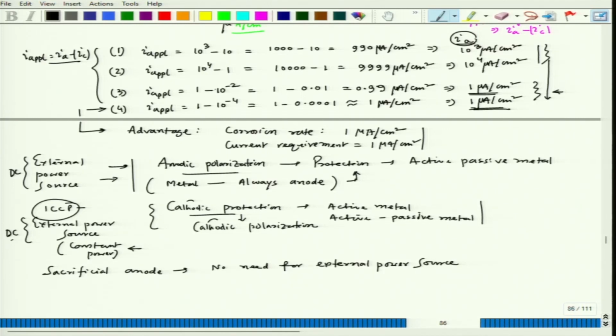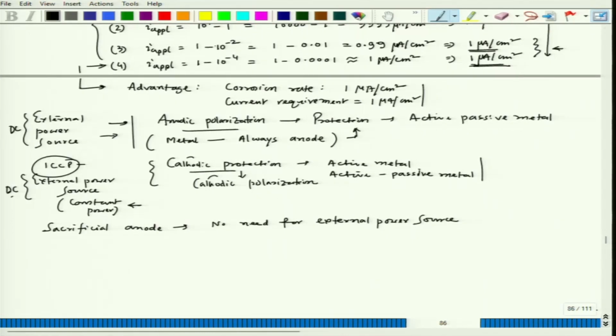So, we cannot switch the polarity. So, these are two basic differences as far as our mechanism goes. We will discuss more on how the arrangement is done and what are the situations where we should use anodic polarization and cathodic polarization. Those will be discussed as we go ahead.